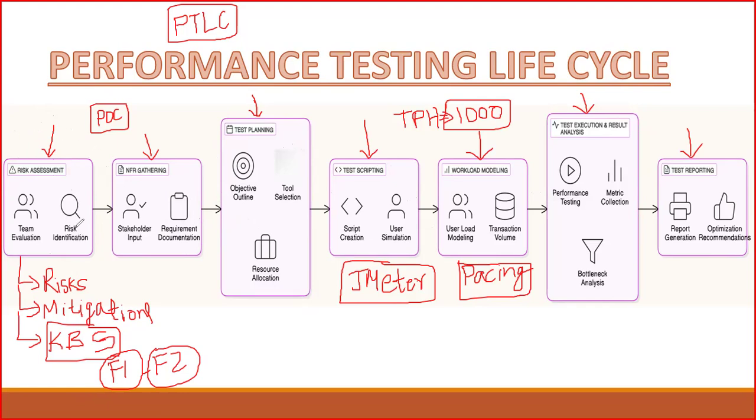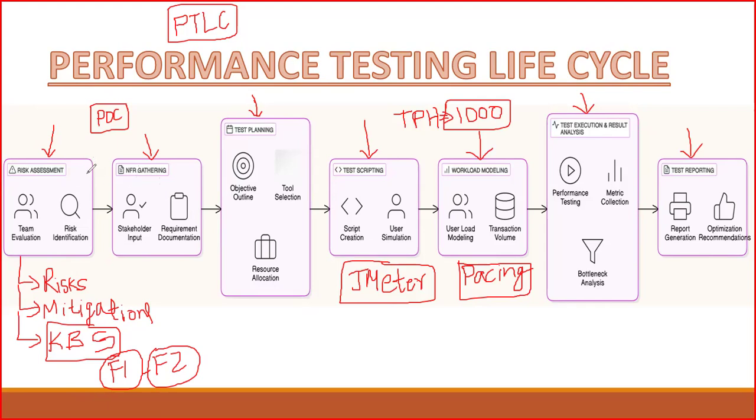And once after getting that KT, we'll start with the risk assessment stage, and then slowly we'll go stage by stage, and we'll prepare all the documents the way we would in real time. I'll provide you some real time documents also.